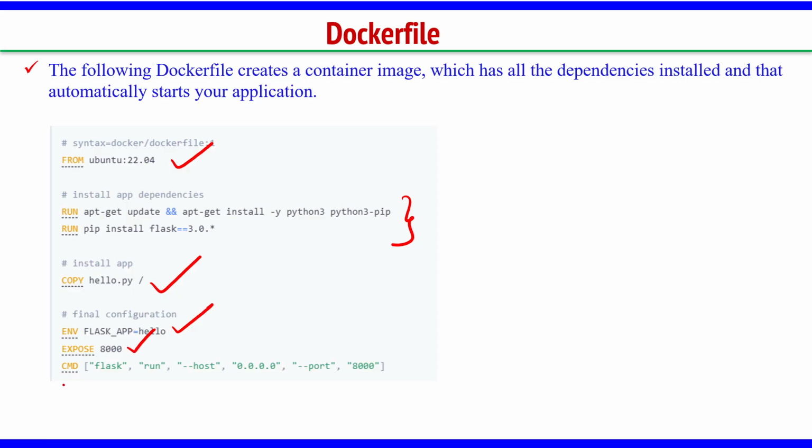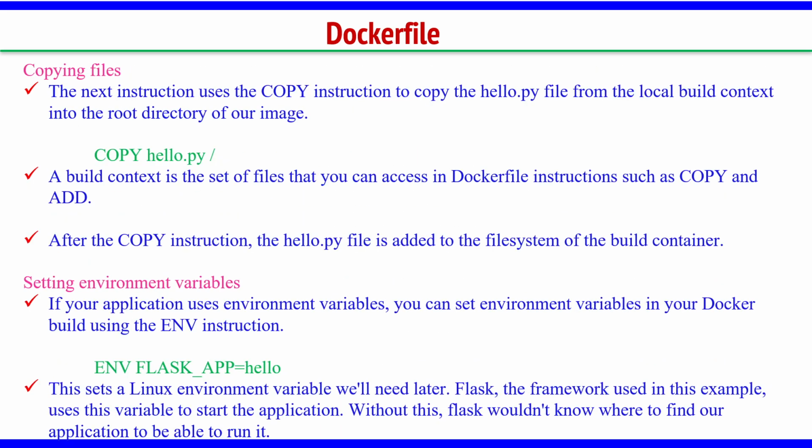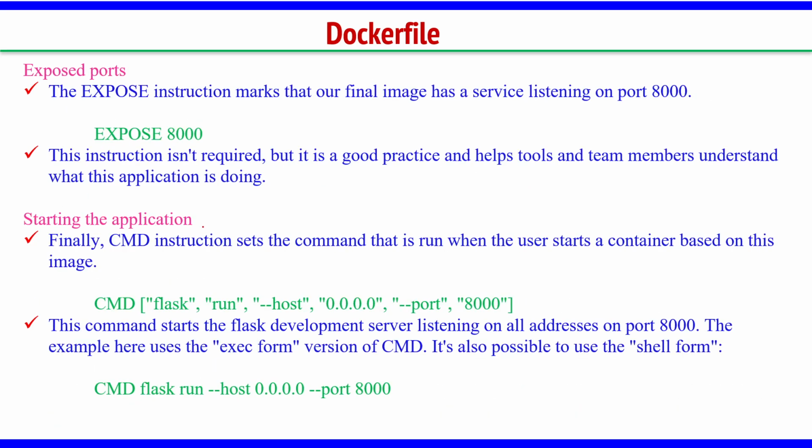Now, I have to give the command to execute it, right. So, after this, starting the application, finally, the CMD instruction sets the command that is run when the user starts a container based on this image. So, the command is something like this, CMD we have to give everything in double quotes in square brackets.